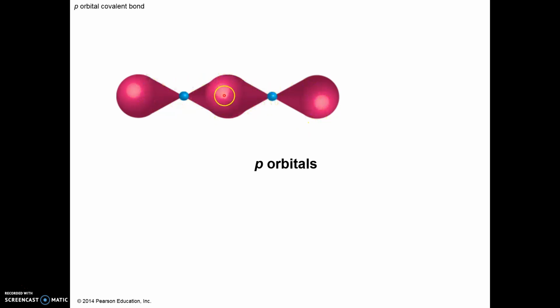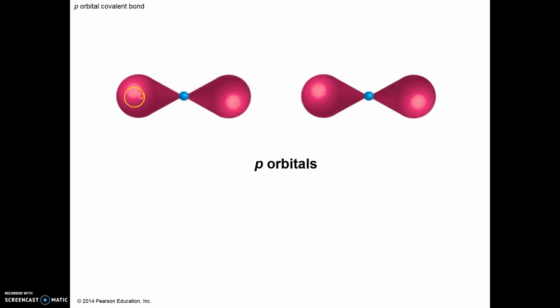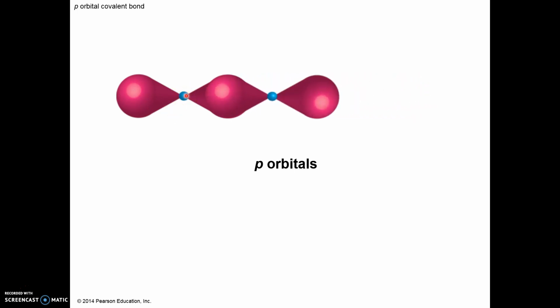Okay, now remember that in the original orbital, these electrons were kind of rotating in these two lobes because they were being attracted solely to the nucleus. In this new scenario, we have electrons being attracted to both of these nuclei.